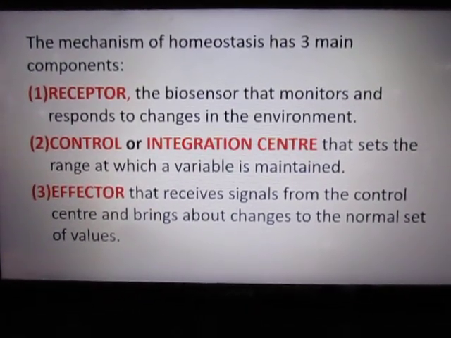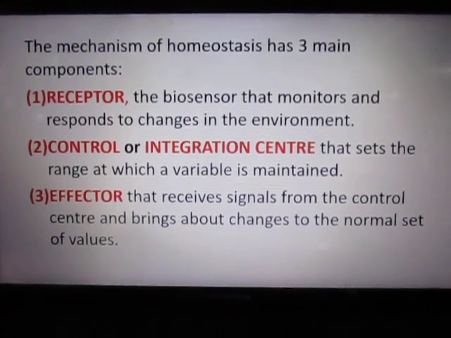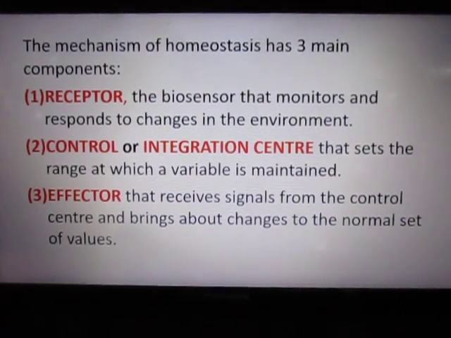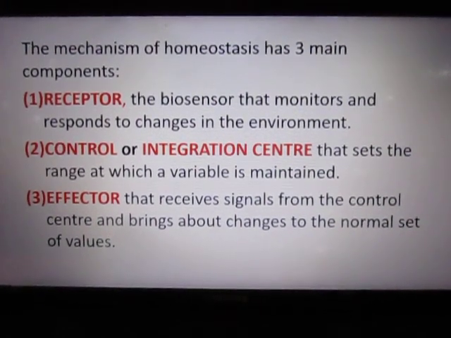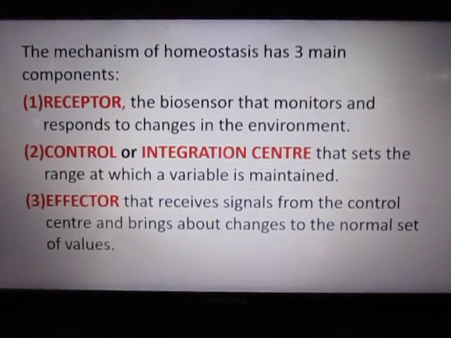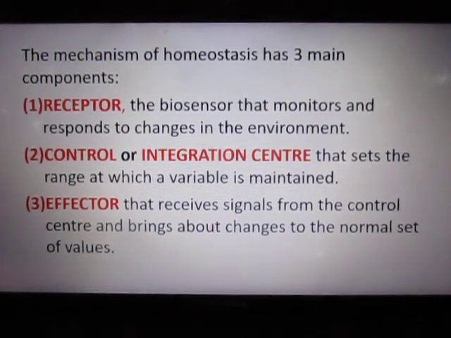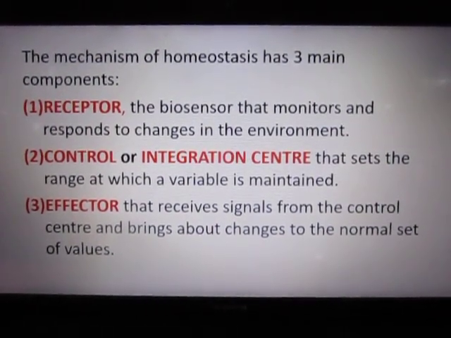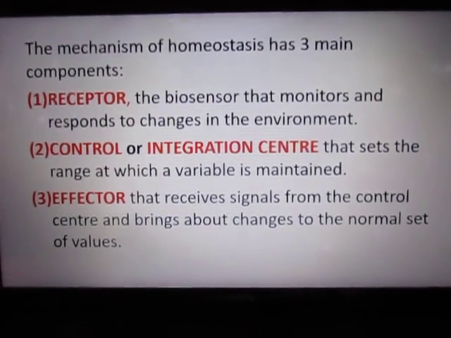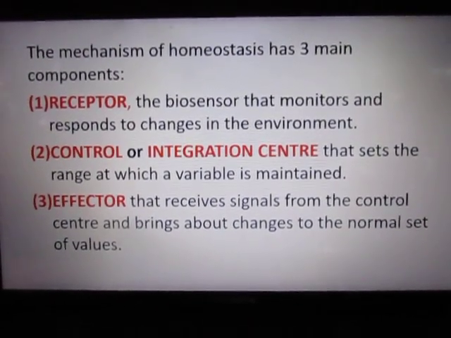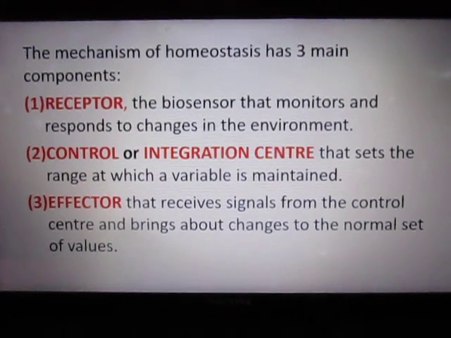Now, that control or integration center is the one to decide that what we are finding is too high or too low. So we want to bring it back to the normal set point. That is the role of the control or integration center. And we also have what we call the effector. What is its role?